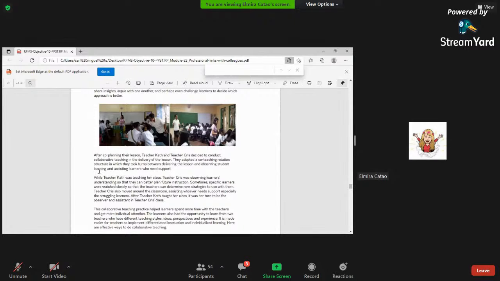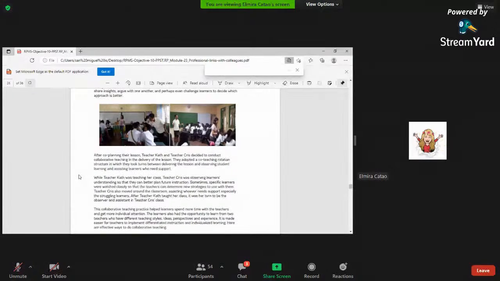Teachers together set goals for a subject, prepare individual lessons, teach learners, and evaluate the results. They share insights, argue with one another, and perhaps even challenge learners to decide which approach is better.